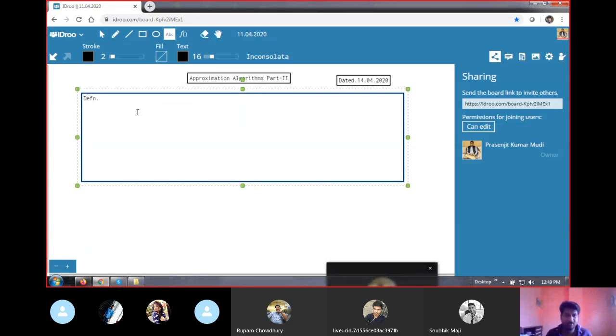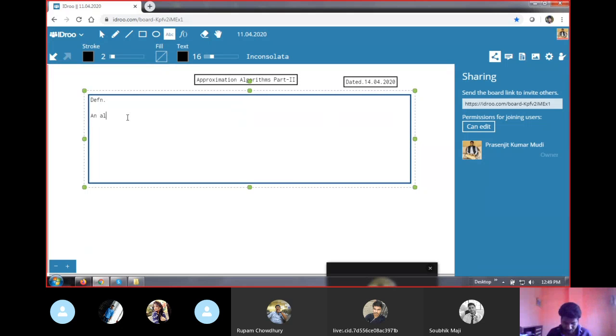The formal definition of approximation algorithm could be like this. Algorithm A is an approximation algorithm if it generates a feasible solution that is very close to the exact solution of the problem P. Then I can call that algorithm an approximation algorithm.